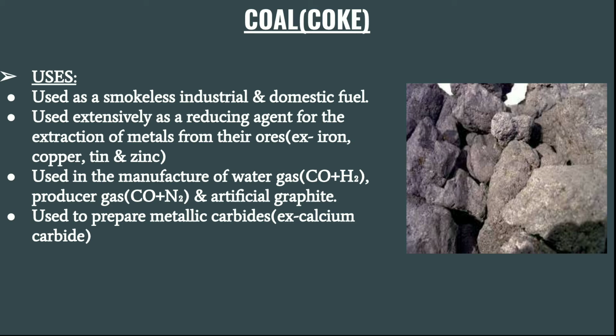It is used in the manufacture of water gas, that is carbon monoxide and hydrogen, producer gas, carbon monoxide and nitrogen, and artificial graphite also. The manufacture of these things is done with the help of coke. Then it is used to prepare metallic carbides, for example calcium carbide.